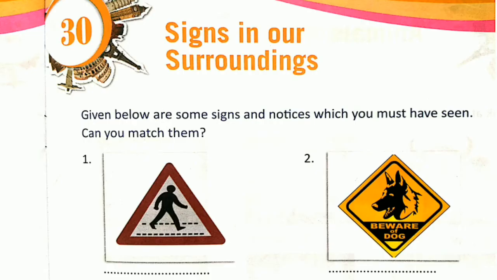So, now we are doing an exercise on this unit number 30, signs in our surroundings. Given below are some signs and notices which you must have seen, and can you match them?